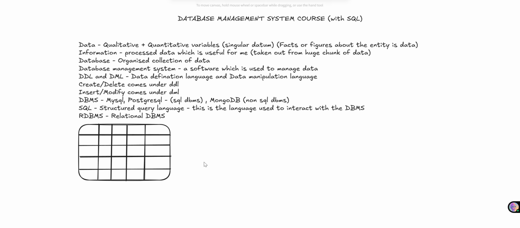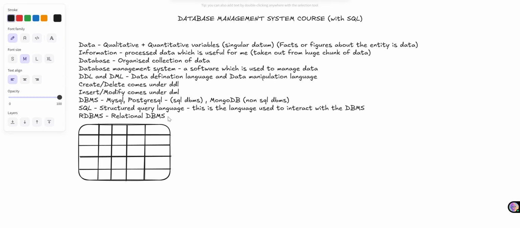This is fine, I guess. RDBMS is nothing but a tabular form of the data, or for mathematics students, matrix form of data, in which we work in rows and columns. Like these are the rows.